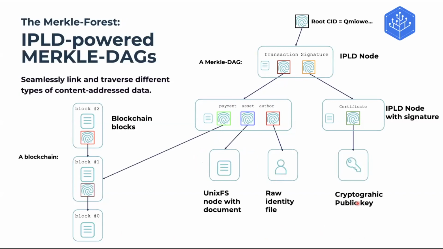Now, the interesting thing, which IPLD, which I think I mentioned stands for InterPlanetary Linked Data, is what is called the Merkle forest. Given that each of the pieces or chunks within an IPLD node, so the node is a graph of the Merkle DAG, of the Merkle tree, each has its own CID, this means that any part of it can be used anywhere else.